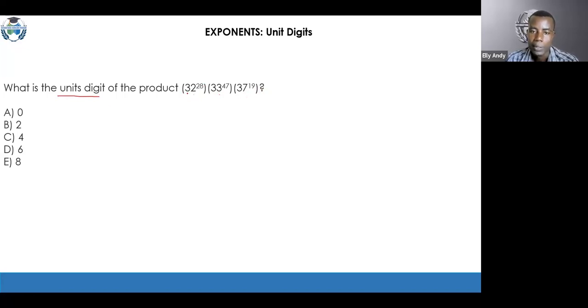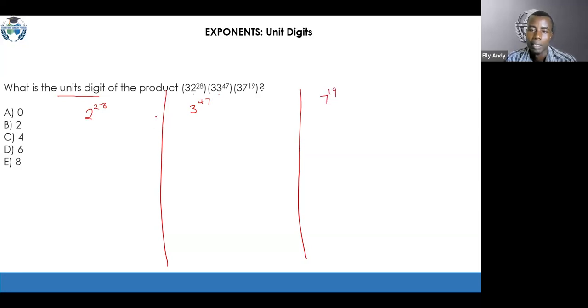That is, the unit digit will depend on 2 power 28, 3 power 47, and 7 power 19. Because the last digit of 32 raised to power 28 will be the same as the last digit of 2 raised to power 28.